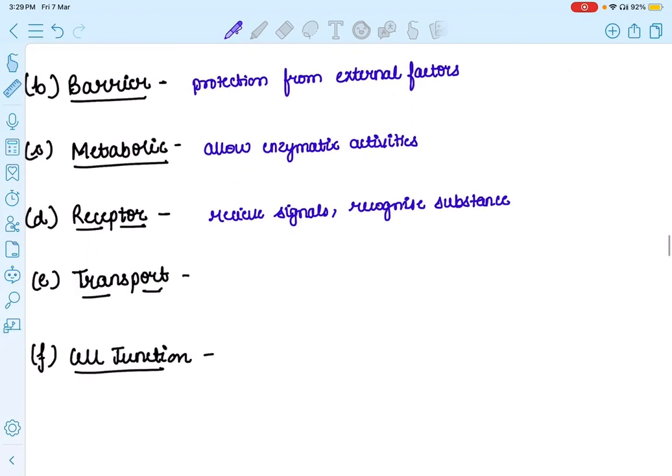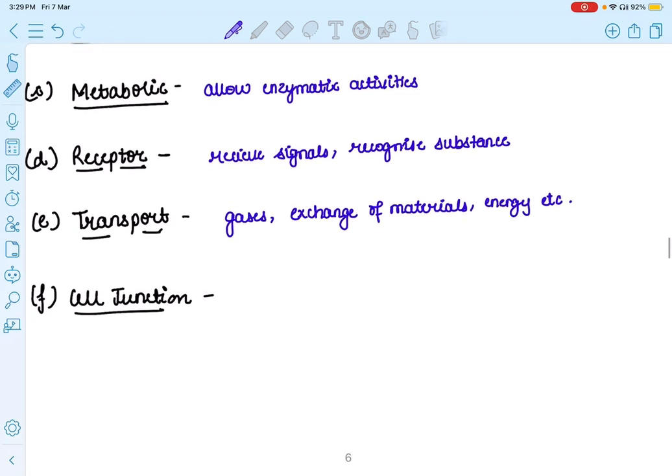Then transportation of gases, exchange of materials, energy, etc. Cell junction means cell to cell connection.